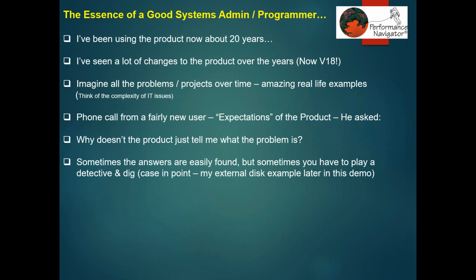But most times, we're all playing detective, trying to prove and manage what's going on for our internal or external customers. So I've got a really great real life example later in the demo about external disk that I found this weekend. It's one of those examples where you have to dig.